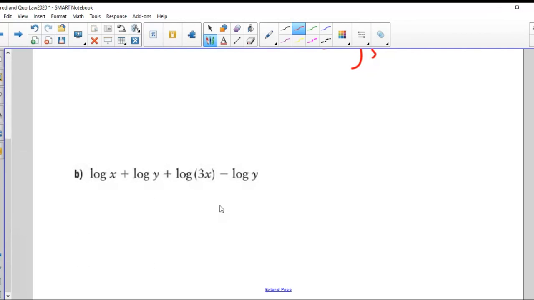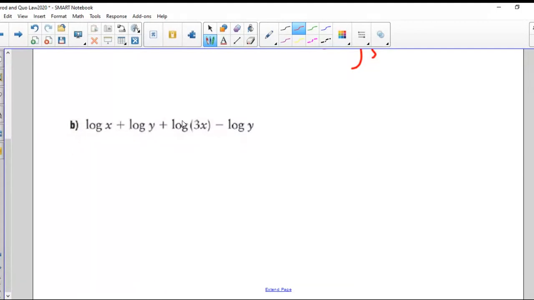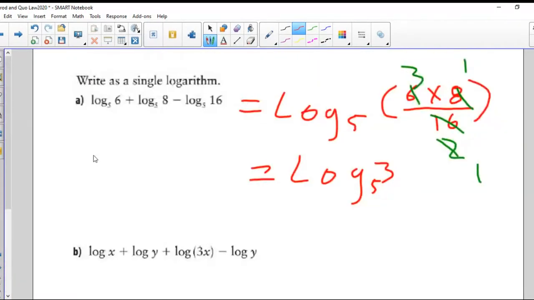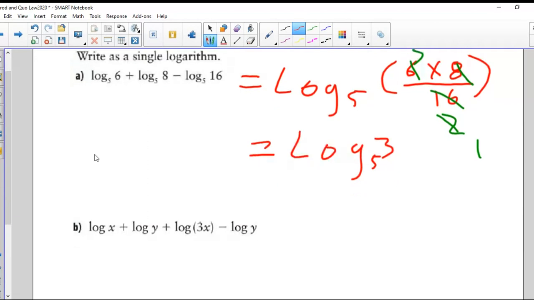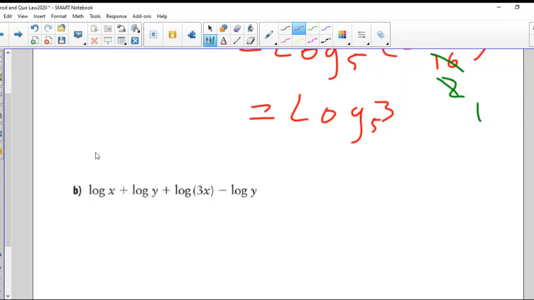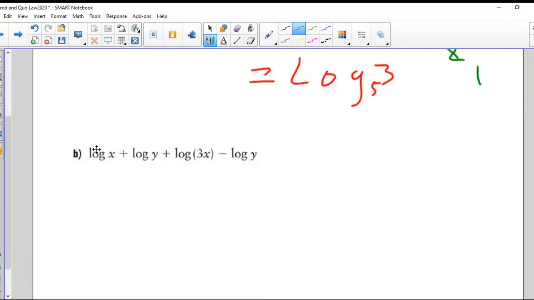Let's get to the second one, unless there's any questions on that one. Everybody okay with that? All right. So at the end of it is just a log base 5 of 3. Okay. So can I continue now? Are we good now to continue? Quinn? Yeah. Okay, good.